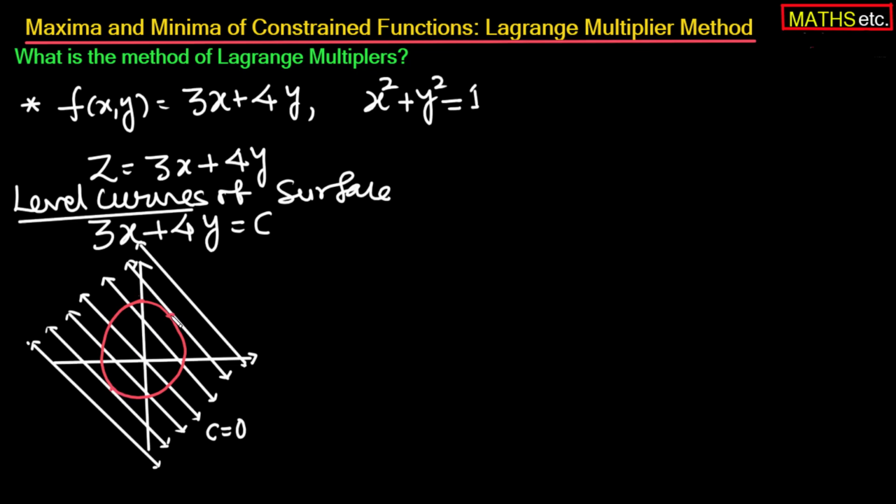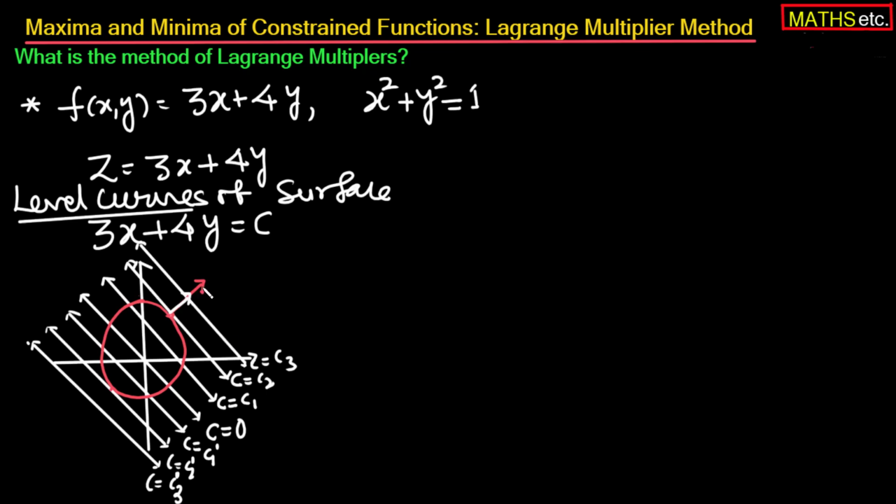Now consider this point of maximum value and minimum value of the function subject to the constraint. We can see that the normal vector to the circle as well as the normal vector to the level curve c = c2 are in the same direction.